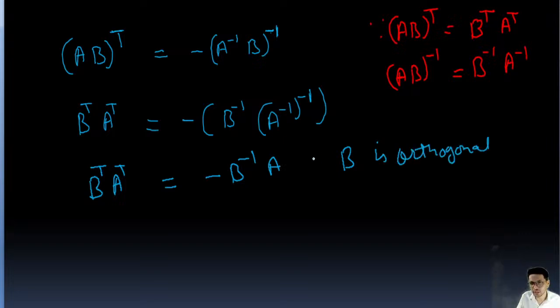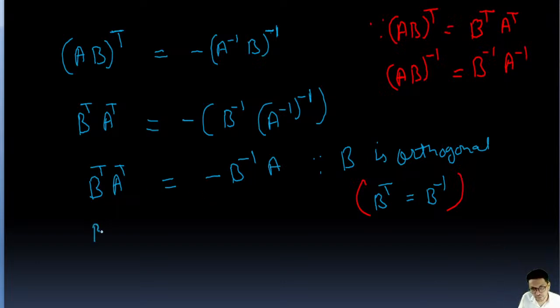B is orthogonal means B transpose equal to B inverse. This you need to understand. So in place of transpose of B, we can write B inverse.